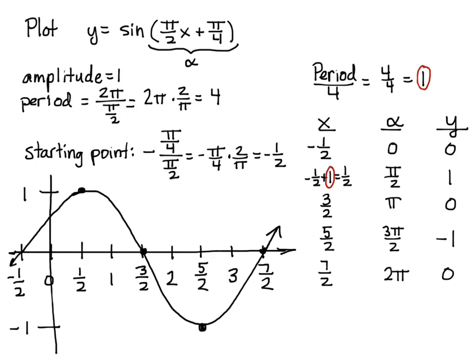All right, and then we're going to have the starting point is going to be negative c over b, and then what's the fourth one? Yeah, the fourth one is going to be the up and down shift, okay? So the vertical shift is going to be d.